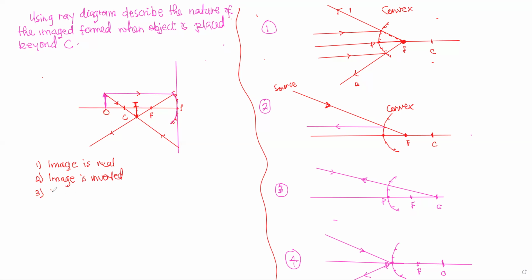Ella said image is diminished. Ella, if you say that image is diminished, what do you mean? Sir, please, in simple terms, I'm trying to say that the image is smaller than the object. The size of the image is smaller than the size of the object. And then lastly, what is the last observation?